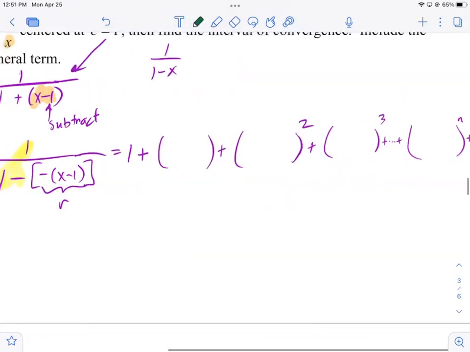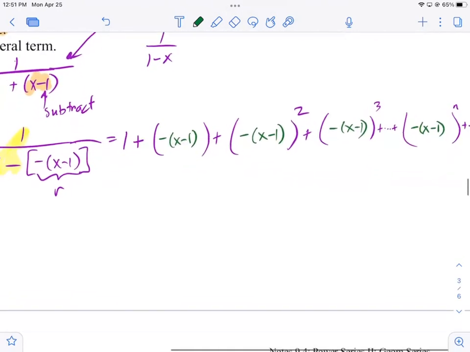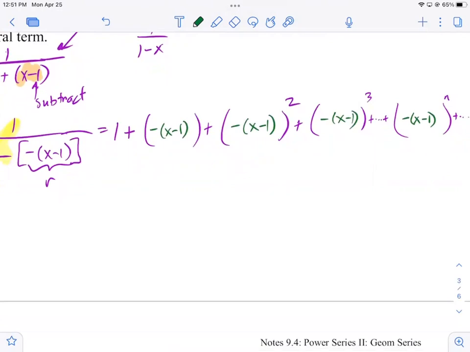And what goes in there? Negative x minus 1, negative x minus 1, negative x minus 1, negative x minus 1. To do what? A finger twister then? Oh, okay.